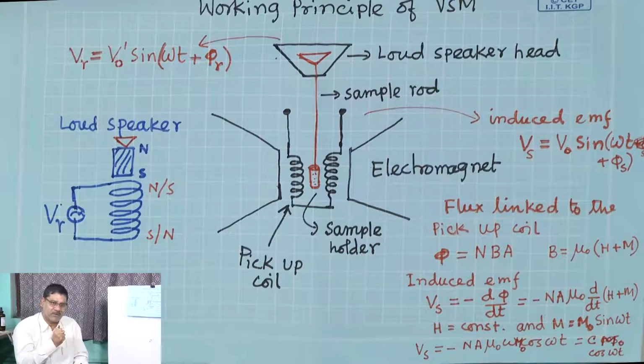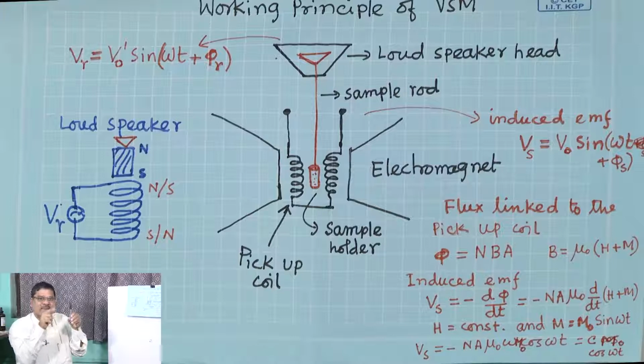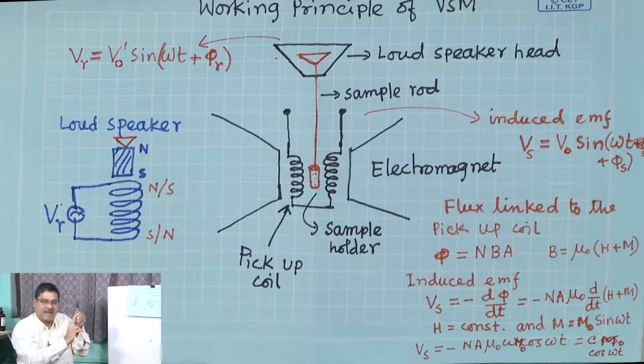Now, induction method means that this magnetization is equivalent to magnetic field, because B equals H plus M. So H and M are basically the same. If you have magnetization, it will generate magnetic field, meaning magnetic lines of force, or magnetic flux.